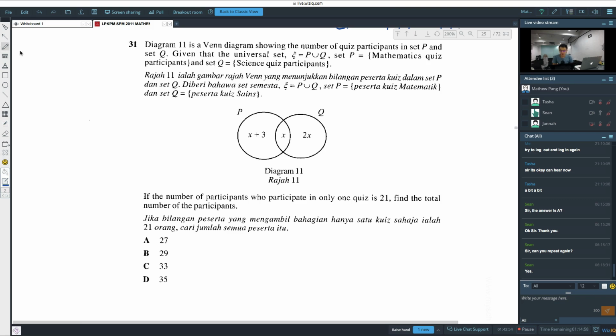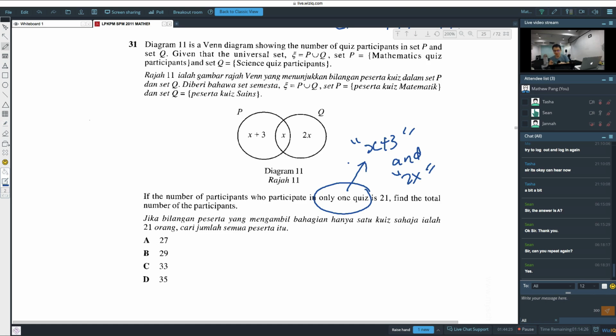First, the very important keyword is the number of participants who participate in only one quiz is 21. When they say only one quiz, that actually represents x plus 3 and 2x, because both of these areas are participants who participate in one quiz only.